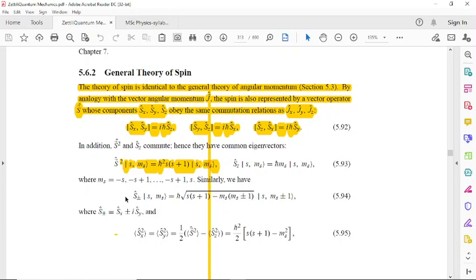And the ladder operators are given by the operation of S plus or minus acting on |s, ms>, the same h cross square root of s into s plus 1 minus ms into ms plus or minus 1, |s, ms plus or minus 1>. Then the expectation value is given here.